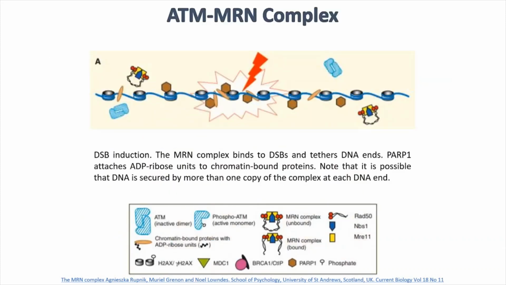Double-strand break induction activates poly-ADP ribose polymerase, which is called PARP1, and it attaches ADP ribose units to the chromatin-bound proteins. This damaged site also recruits the MRN complex, which binds to the double-strand breaks, and this MRN complex will subsequently dimerize and also bring forth the ATM molecules.